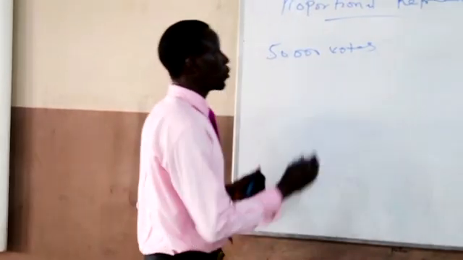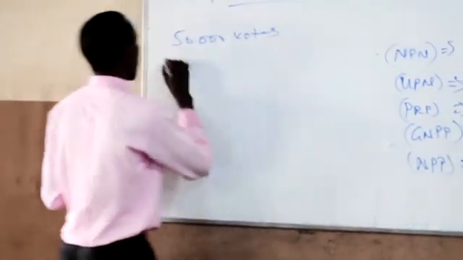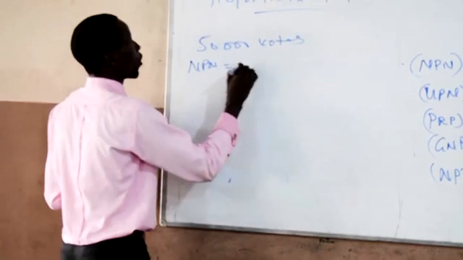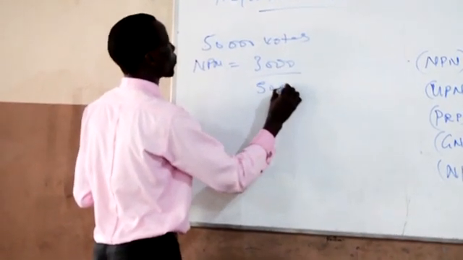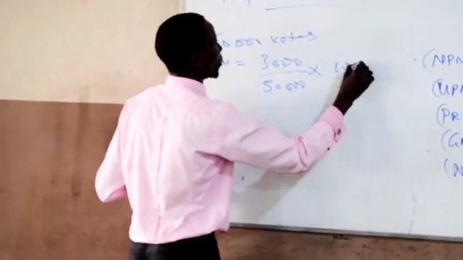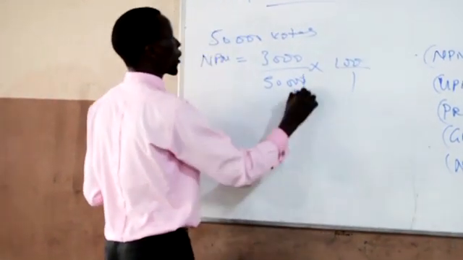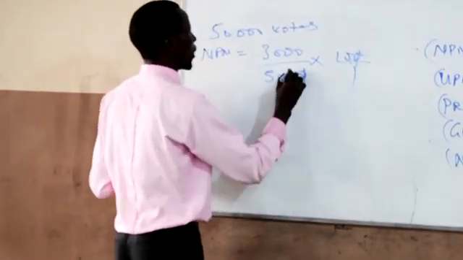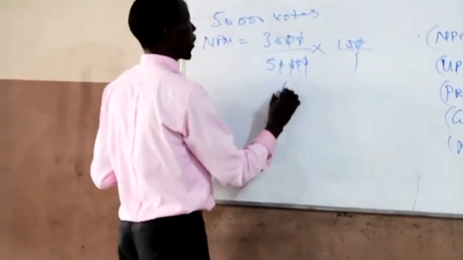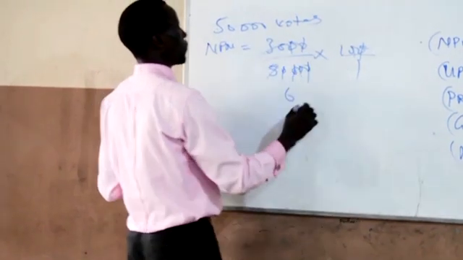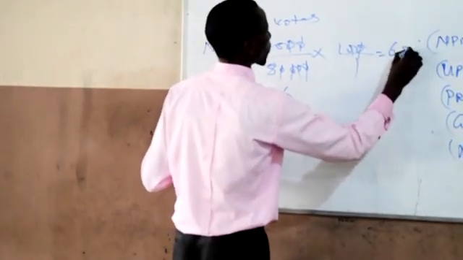We'll pick the first one, NPN. We have 3,000 over 50,000 votes multiplied by 100 over 1. So we have 30 divided by 5, that gives you 6. So these are 6 seats.